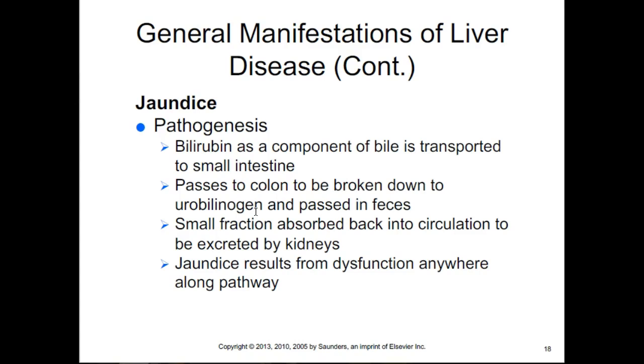So both of those are going to actually contribute to the color that you're going to see in your fecal matter. So your fecal matter is going to be brownish in color, and then your urine is going to be yellowish in color. So that's going to be from the processing of bilirubin, right? So jaundice results from dysfunction anywhere along that pathway.